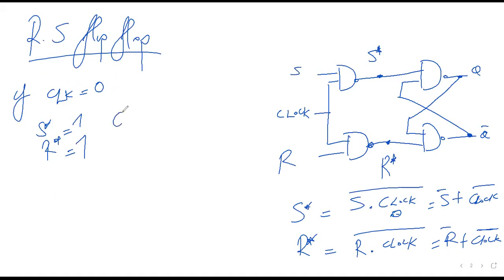And what is Q? What is Q for that NAND? Here, what is the output Q? If here I have a 1, what will be the output?